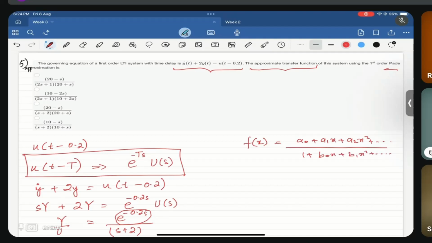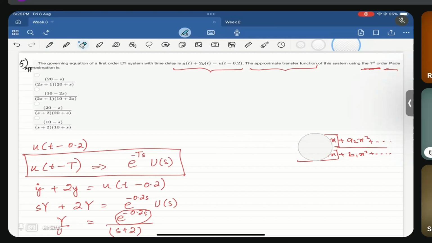Then we have to ignore the higher order terms, because we have to do the first order approximation, so we will consider x to the power 1 terms only, right? We can approximate any function like this by equating the coefficients.